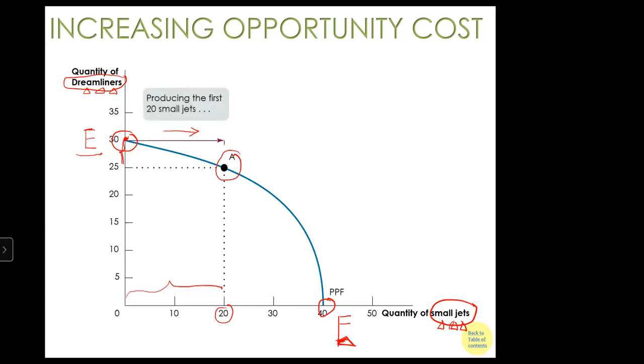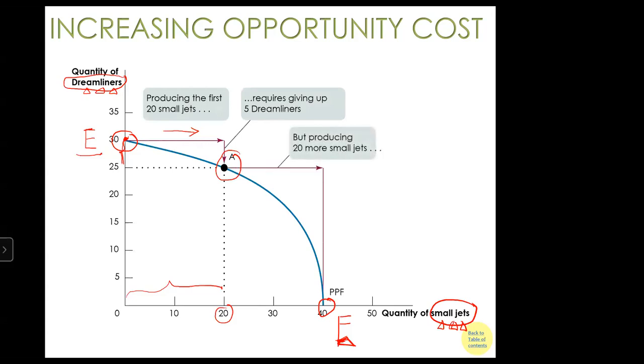Right? Now, if you want to expand further, so for example, you want to enter the entire new market in this simple example, then who will you allocate to produce the rest of 20?